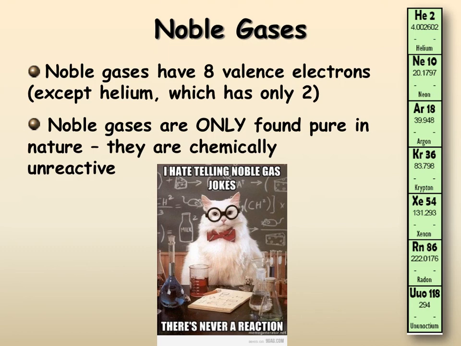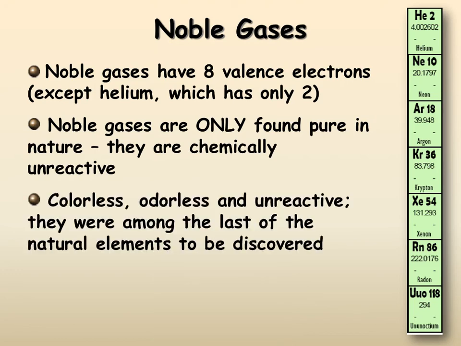Because they have full valence shells, they don't need to react with other elements and atoms to fill up their shells. And because of this, noble gases are generally colorless, odorless, and unreactive, and due to that, they were actually one of the last of the elements to be discovered because they don't react with anything, so you have to actually find them in their pure form.